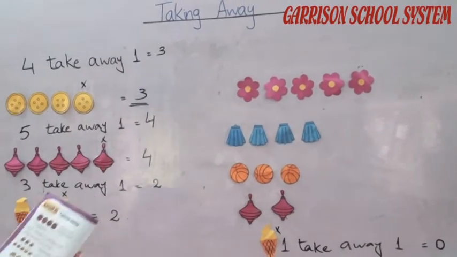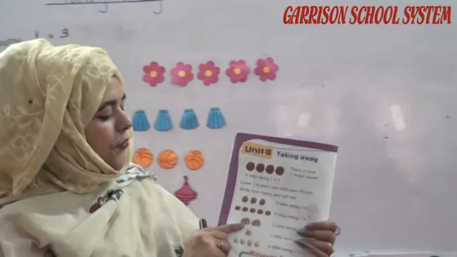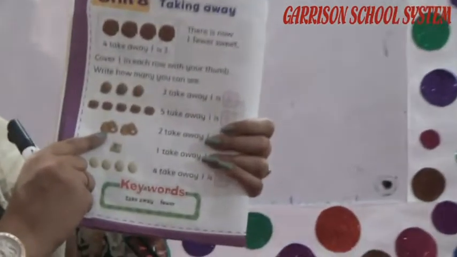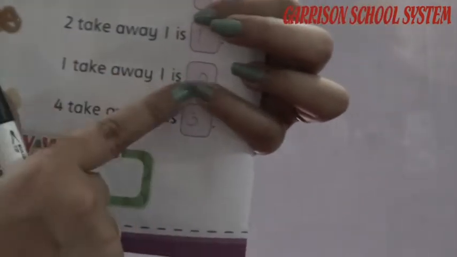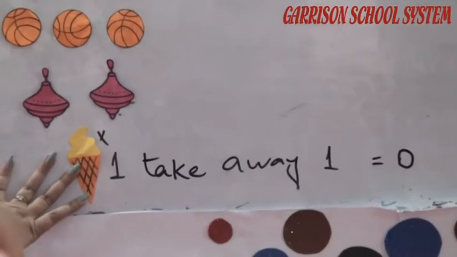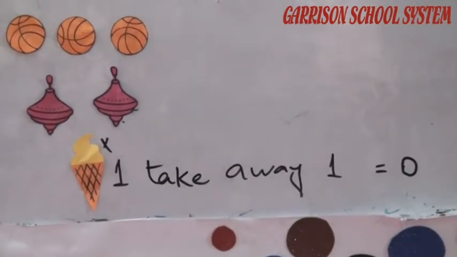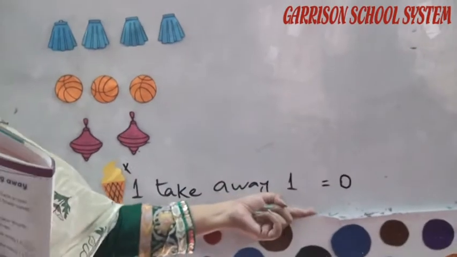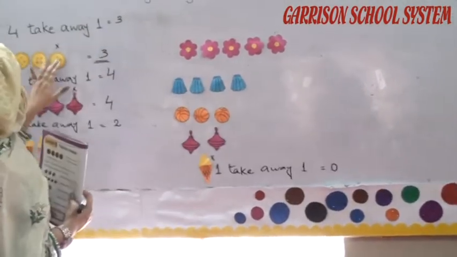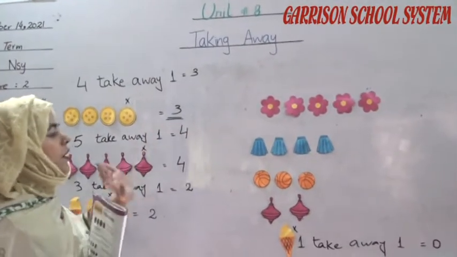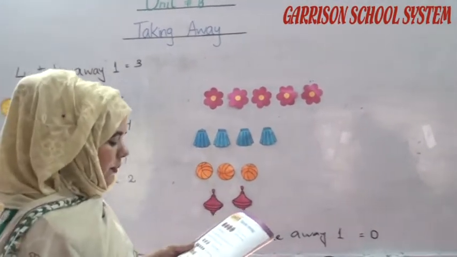And if we have 2 and take away 1, we will be having 1. And if we have 1 and we take away 1, what will we have? 0. We have a 1 quantity over here and we have taken 1, so we will be left with no quantity. And if we have a 4 and we take away 1, then we will be having 3 buttons. So same is the case.